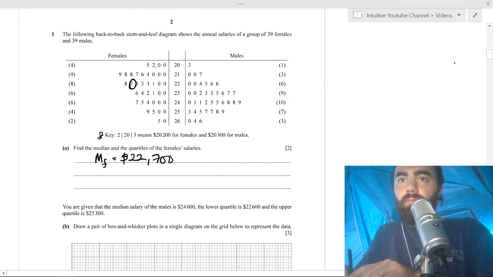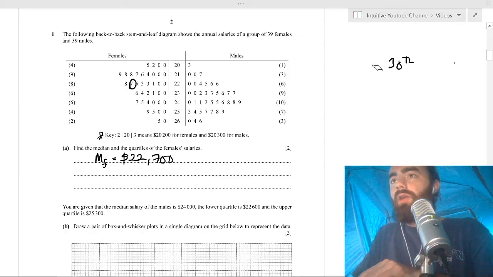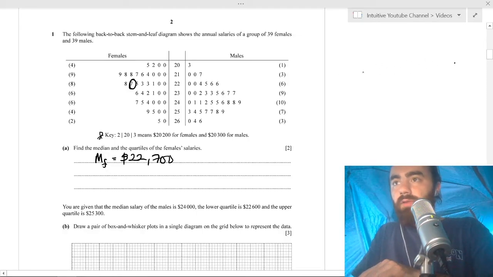Now if we want the upper and lower quartiles, that's the median of the lower half and the median of the upper half. So it'll be the 10th and the 30th value. The way I know that is because this middle value has 19 values on this side and 19 values on that side.